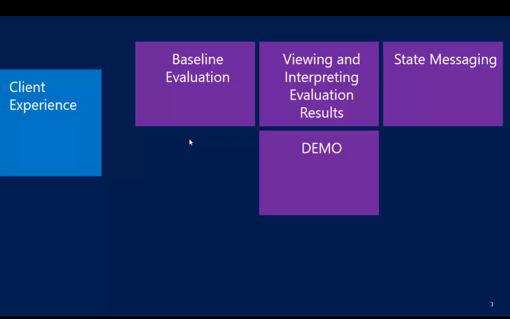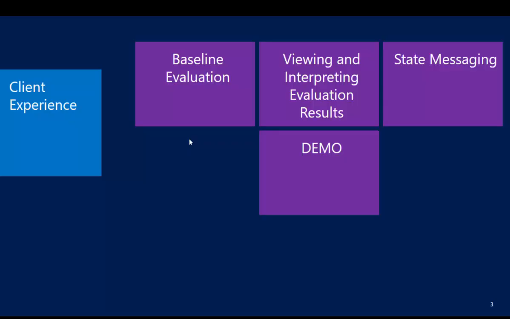Once we evaluate the baseline on the client, being able to view and interpret the results and dig into what might be the cause of a non-compliant result is really useful. Following that is state messaging, the component that actually rolls the compliance up to the site server.